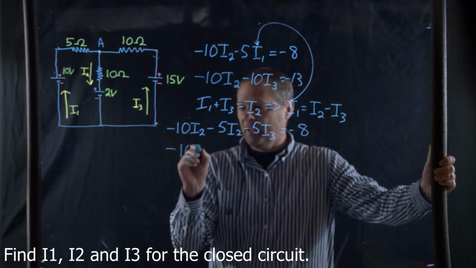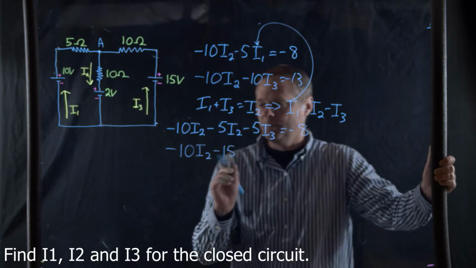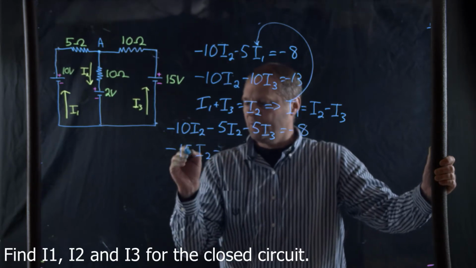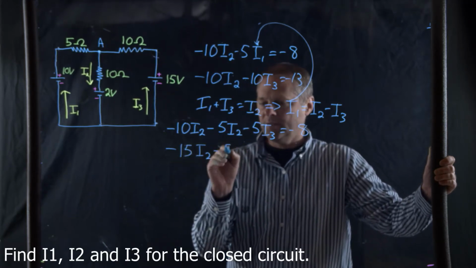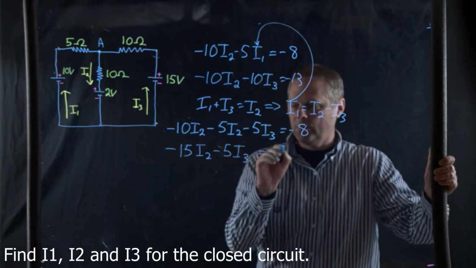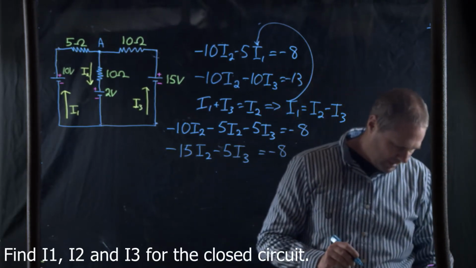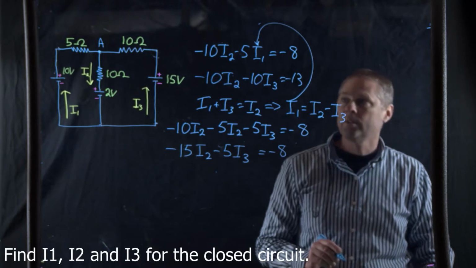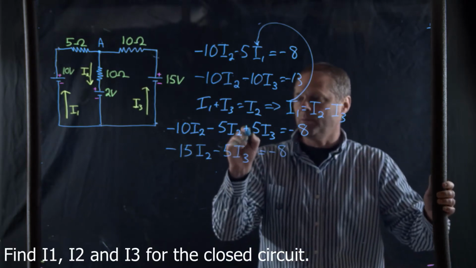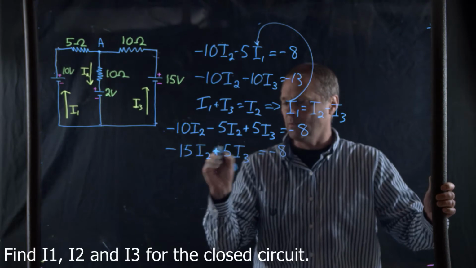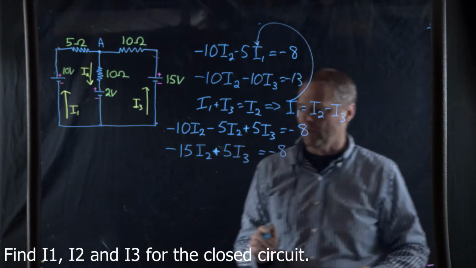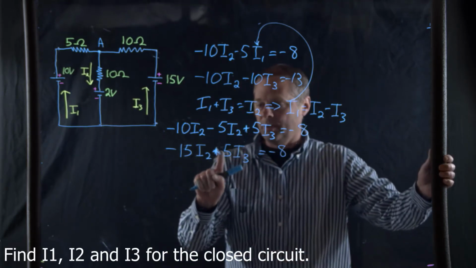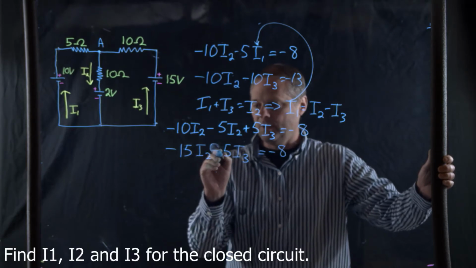Or we could say minus 15I2 plus 5I3 is equal to negative 8. Oh, this becomes positive, there we go, there's a mistake. I dropped a negative there, so that should be positive.